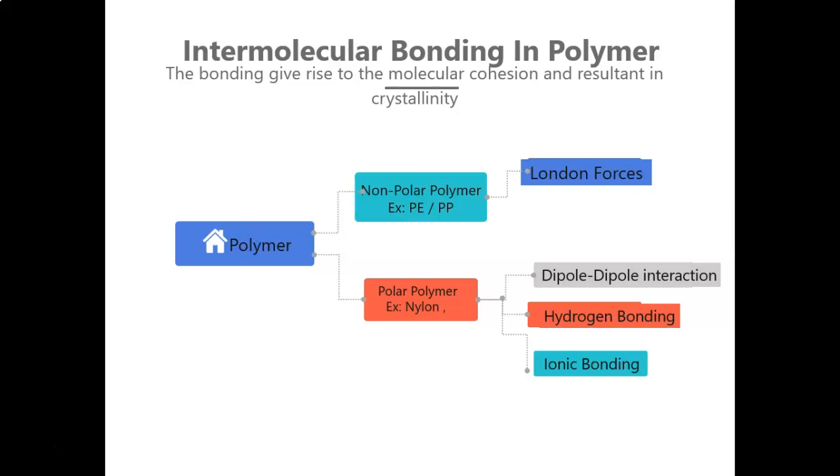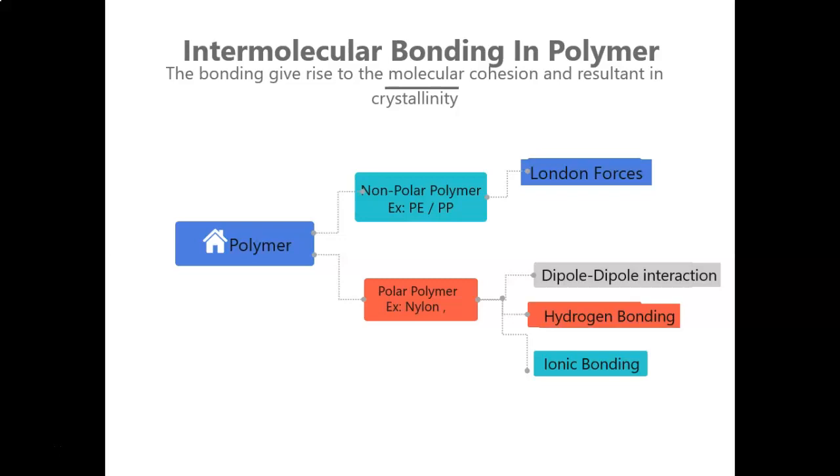The bonding gives rise to the molecular cohesion and results in crystallinity, so we call it intermolecular bonding. Just as I mentioned earlier, we have dipole, van der Waals, and hydrogen bonding.